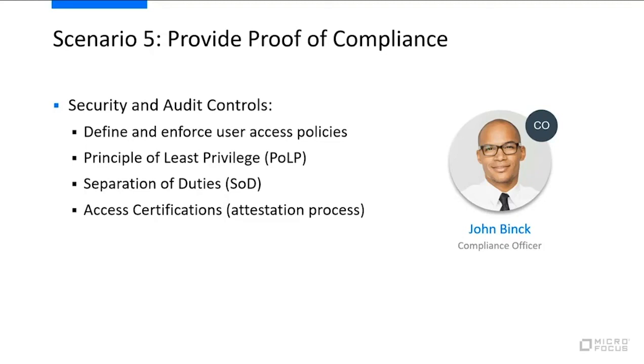We saw this throughout the various scenarios earlier. One, the birthright set of rights that Kim Long was given access to immediately because of who he was defined as, as well as requesting that additional access and any approvals that may be required along the way, right? We want to enable John to be able to do that.